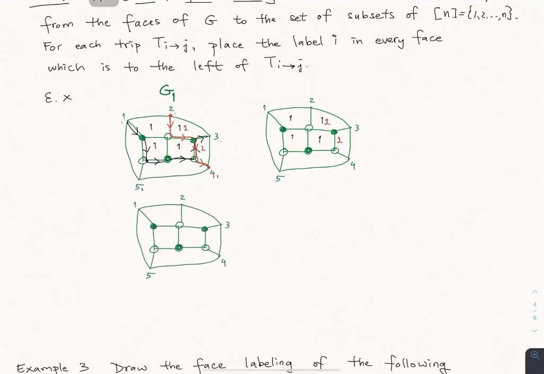Now let's look at the trip starting at 3. So I turn right, and then left, and then right, and then left. So the faces that are to the left of the trip from 3 are these 3. So I write down 3 on those faces.